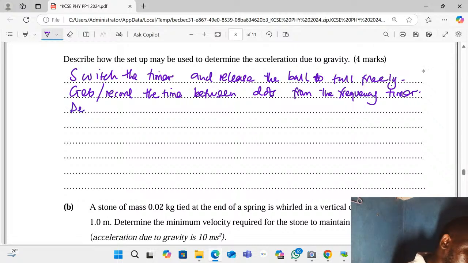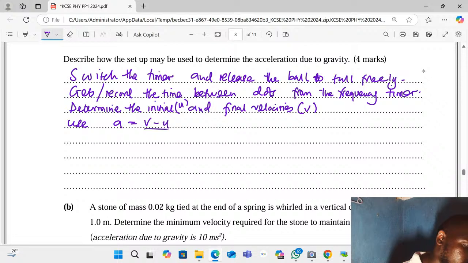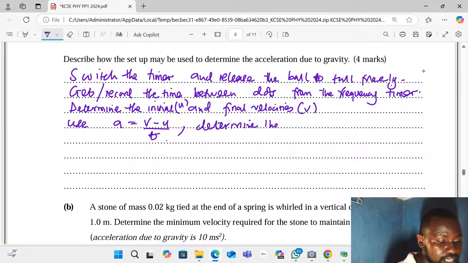Then determine the initial and the final velocities. So this one is V, this one is U. Then use the formula for acceleration, which is given by V minus U over the total time.